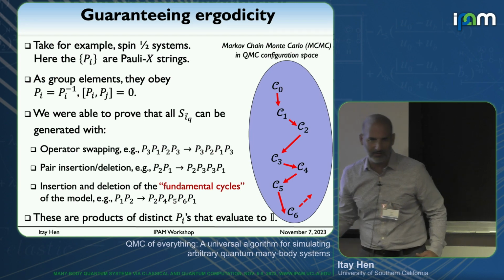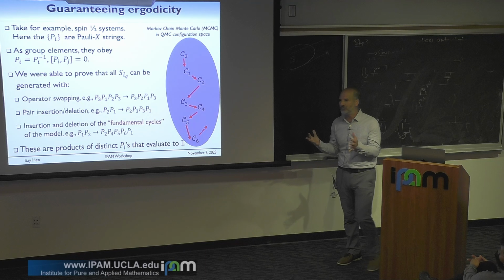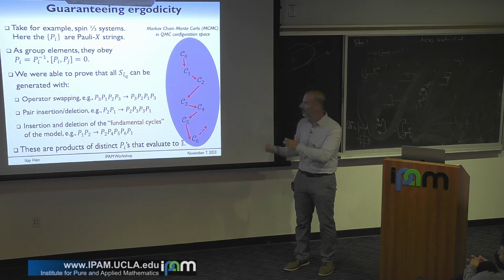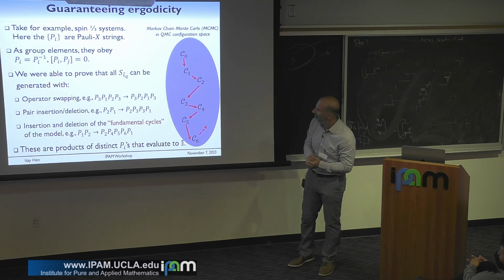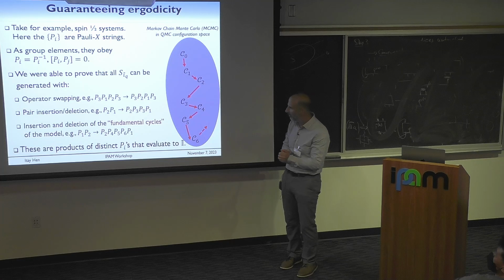A fundamental cycle is a product of Pauli strings that evaluates to the identity, but it doesn't have any pairs in it. So none of the P's is the inverse of another. None of the P's appears twice, if you will.